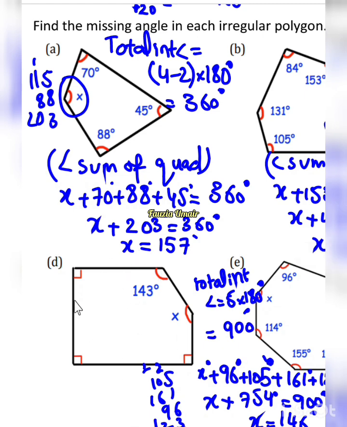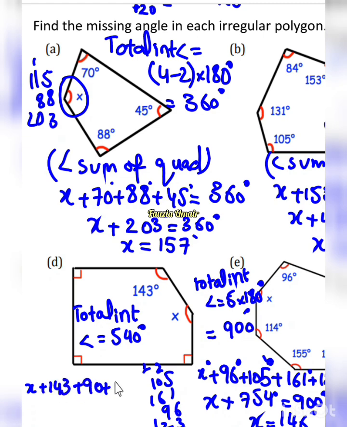So there's a 5 corner shape. So it means it's a pentagon, and I know that the total interior angle of a pentagon is basically 540 degrees. So now I can write down x plus 143 plus 90 plus 90 plus 90 is equal to 540.